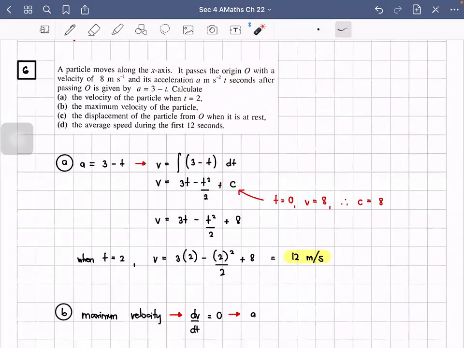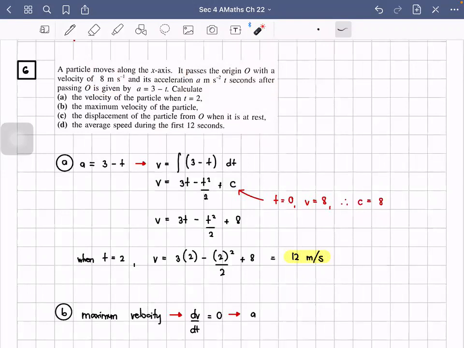Okay, so here, when time is 0, because it's still on the origin, velocity is 8, right? From the sentence itself, because it passes the origin with a velocity of 8.